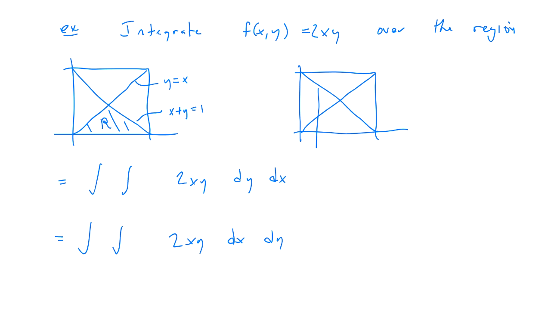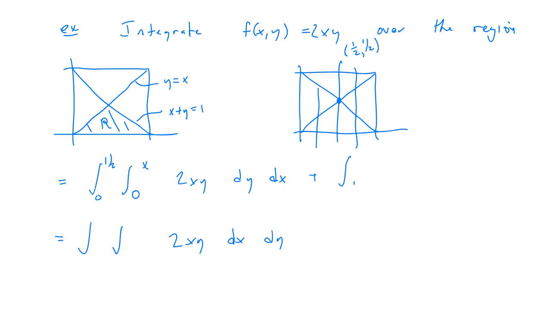And the idea is it depends. So what I have to do is say, well, at this point, which is the point (1/2, 1/2), from 0 to 1/2 the bottom function is 0, and as you said, the top function is x.